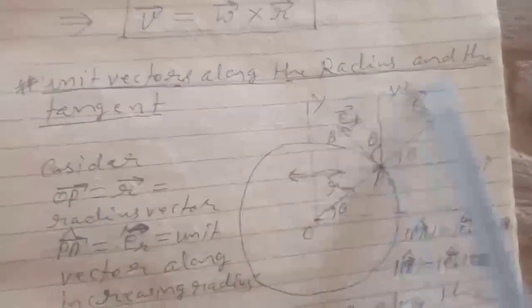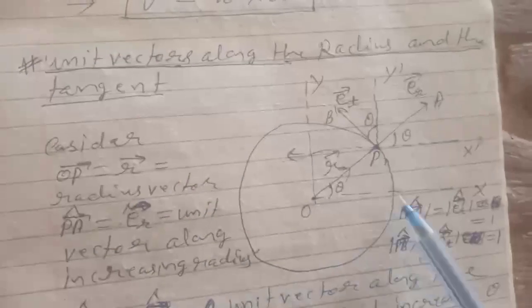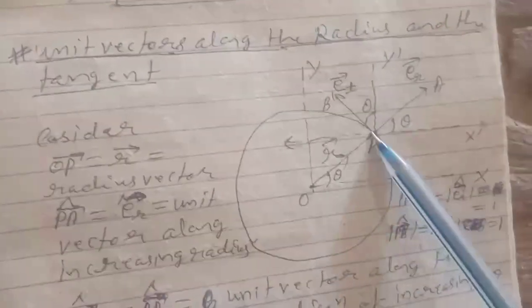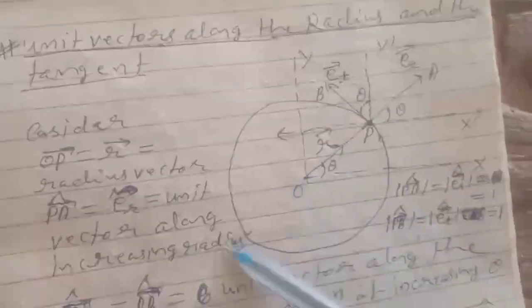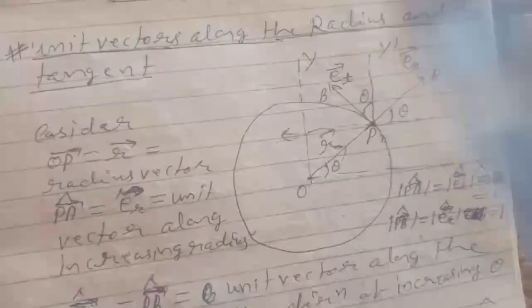Unit vector along the radius and the tangent. Consider this is a circular path placed in the xy plane, and the z axis is perpendicular to this plane, that is in the upward direction.